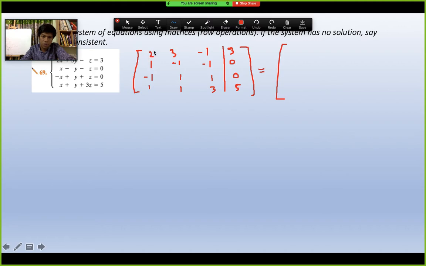And to get that 1, we can do this row 1 minus this row. The second row we can also do. Any row we can actually do with anyone. Okay, so row 1 minus row 2. Let's write it here. Row 1 minus row 2.